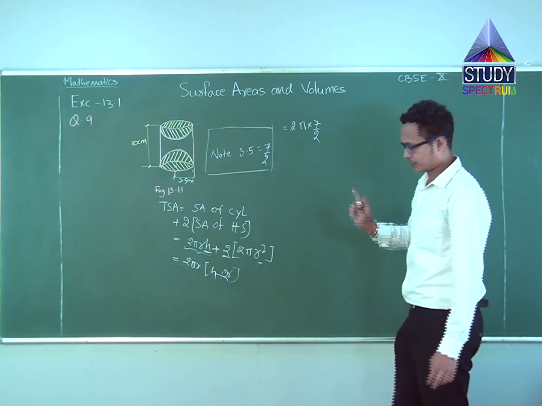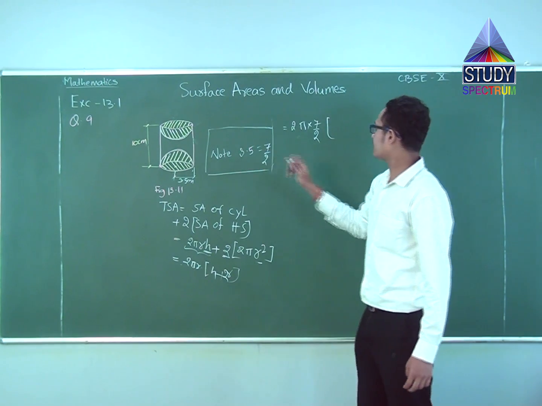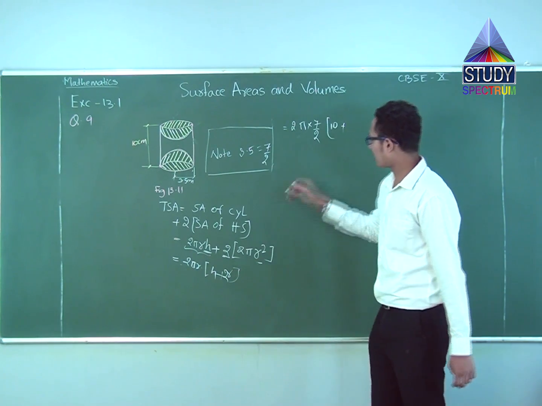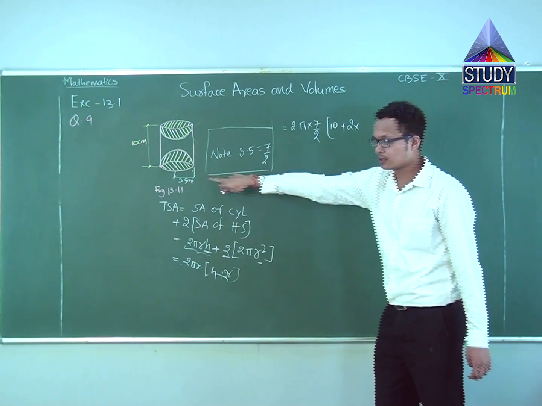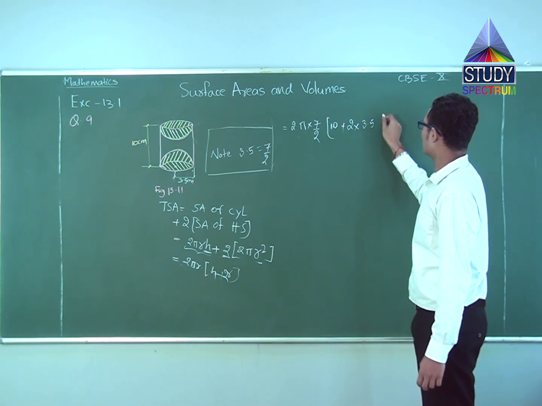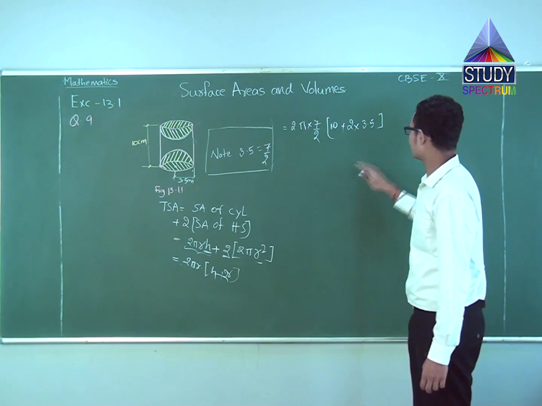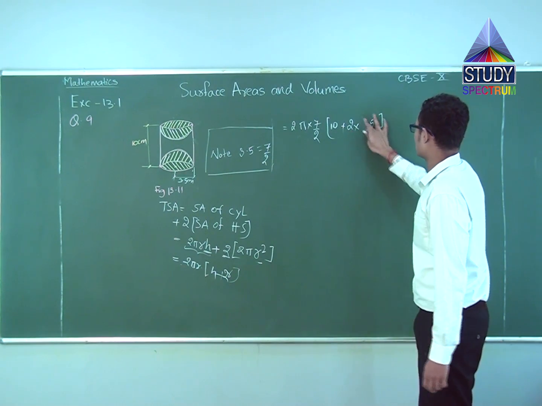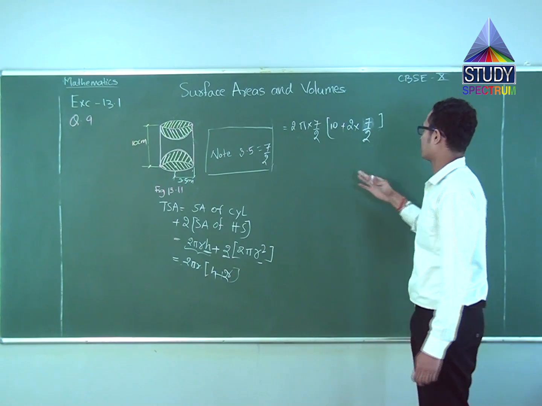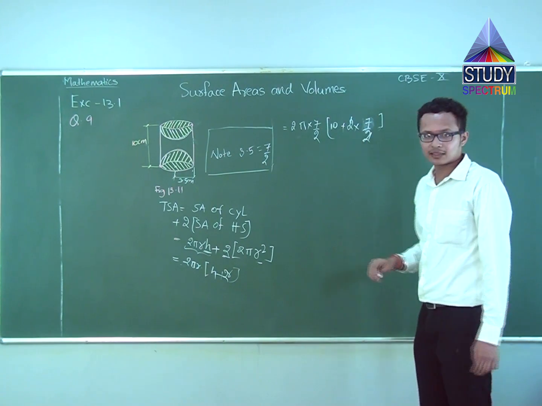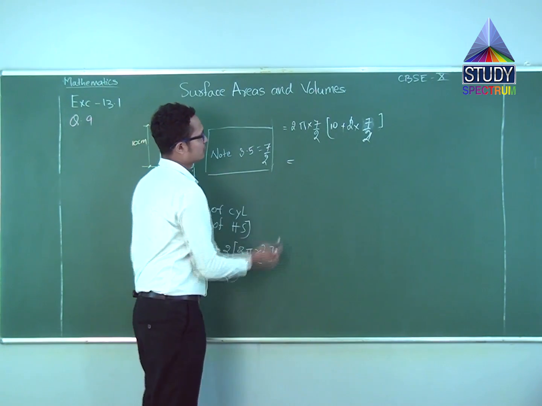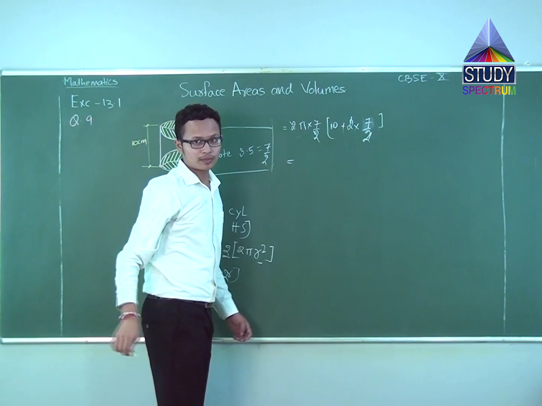Two pi into r I substituted, and h, the height of the cylinder, is 10 centimeters, plus 2 into r, which is 3.5 centimeters. I should have substituted 7 by 2, right? This 2 will be cancelled with the denominator 2, because 3.5 is as good as 7 upon 2.